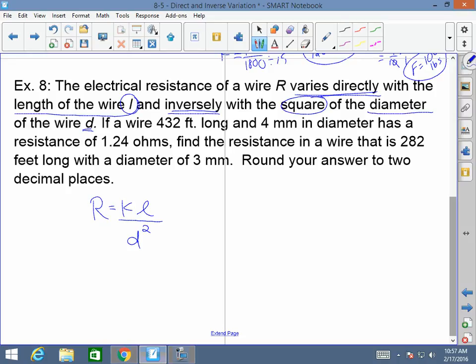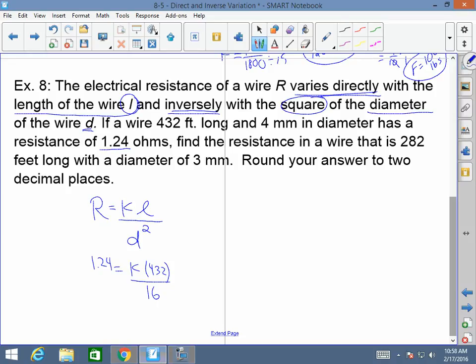You just got to know what varies directly and varies inversely means. If a wire 432 feet long, that's my L, and a 4-meter diameter, so 4 squared is 16, has a resistance of 1.24 ohms, that's my resistance. Find the resistance in a wire that is 282 feet long with a diameter of 3 meters.